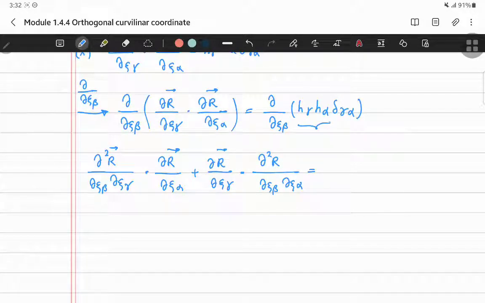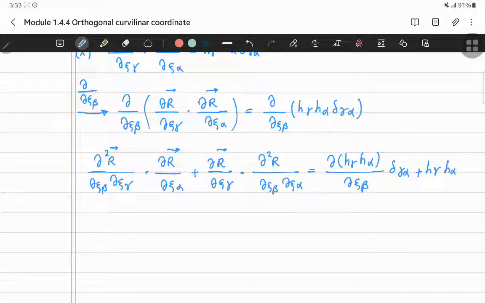Here I take this as one term. So I have the partial derivative of H gamma, H alpha divided by Z beta times delta gamma alpha, plus H gamma H alpha times the derivative of delta gamma alpha with respect to Z beta, where we know that this is 0 basically, because it's either 1 or 0, so if we take this derivative, it becomes 0.